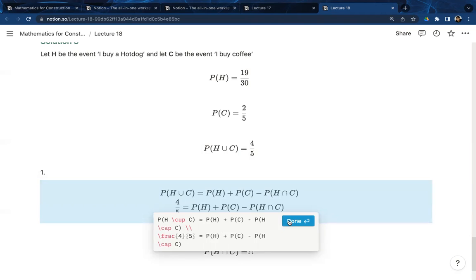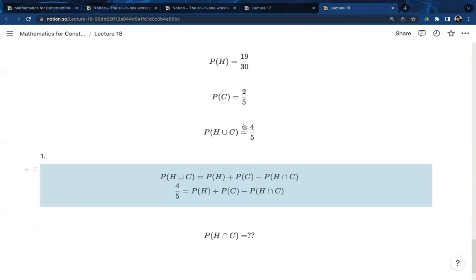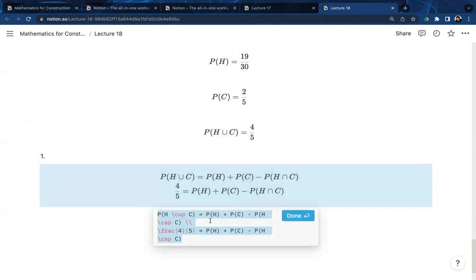So 4/5 is equal to 19/30 plus 2/5 minus the intersection.